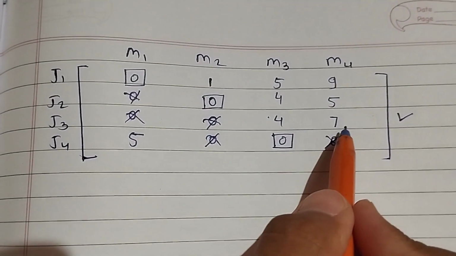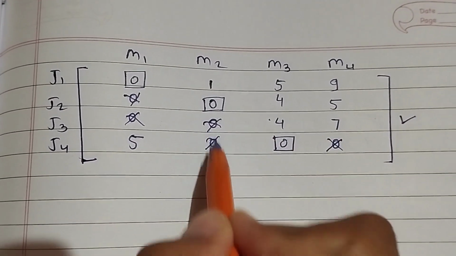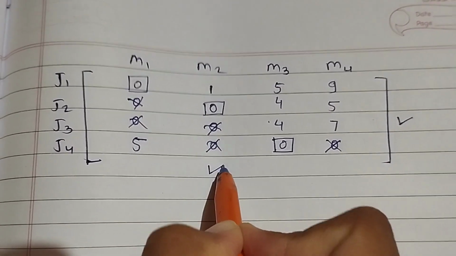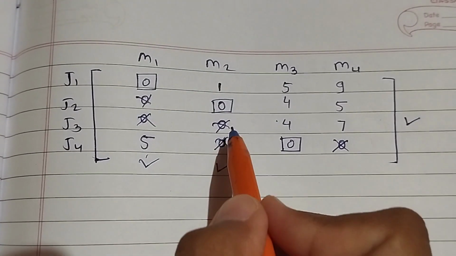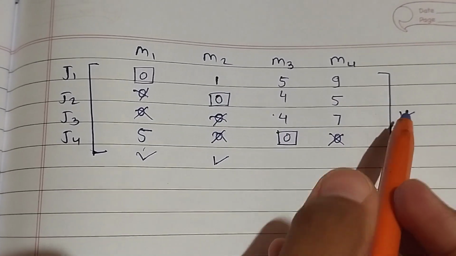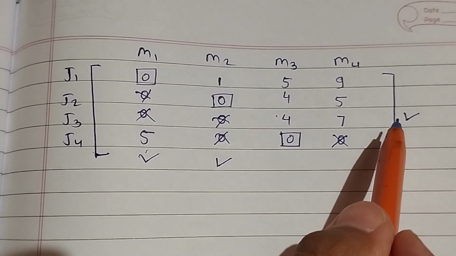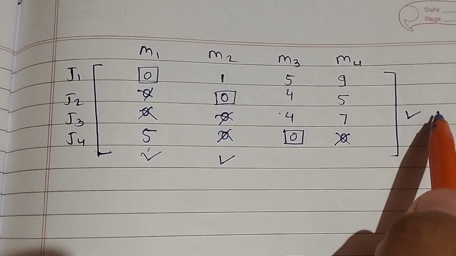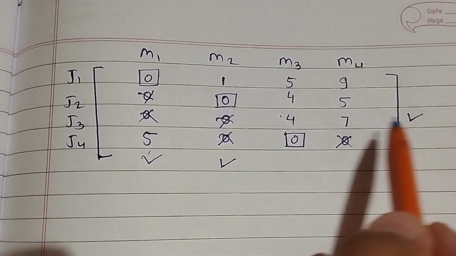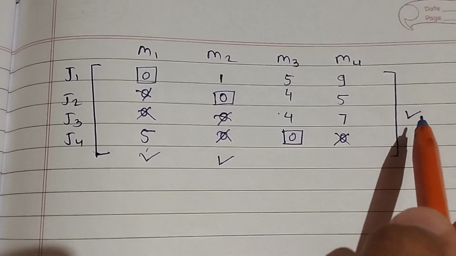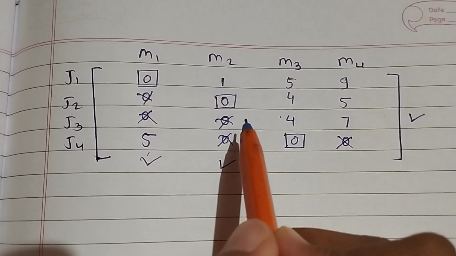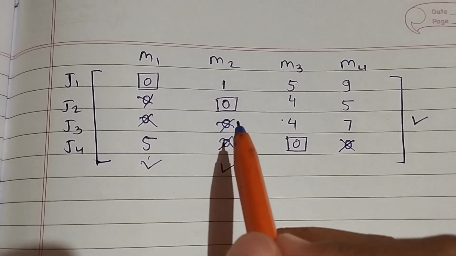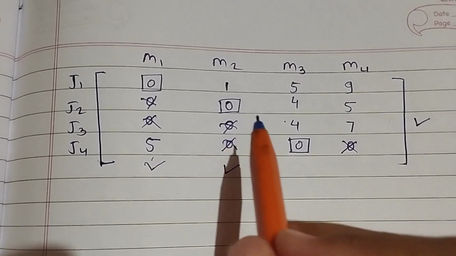Now we check the crossed zeros. In the third row, the first column and the second column have a crossed 0. See carefully. First we tick the row which has no assigned 0. Now we check with respect to that row where a crossed 0 is present.